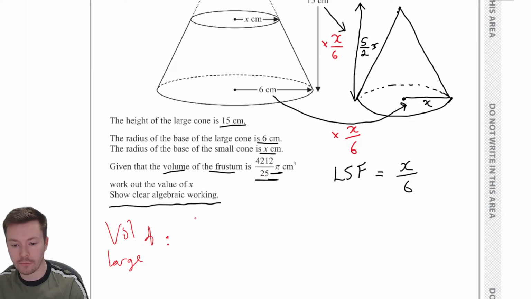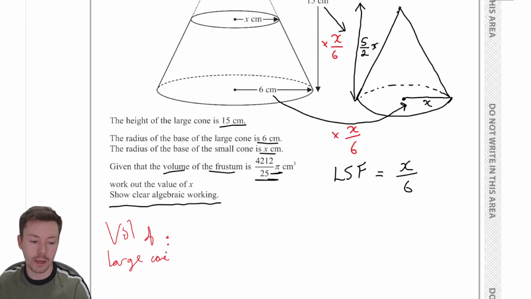Okay, so volume of large cone. Right, okay. I'm not 100% sure. Well, I don't know, to be honest, about GCSE Pakistan. I'd have to look into that. But if you've got things like cones on it, if you learn about volume, if you learn about surface area, then this is something that they could include.